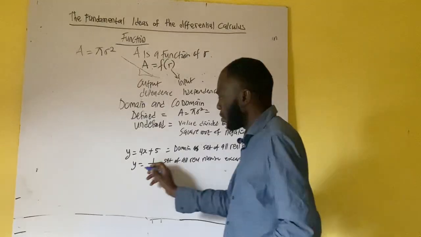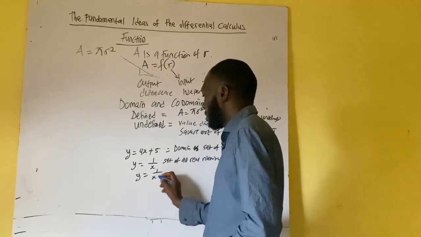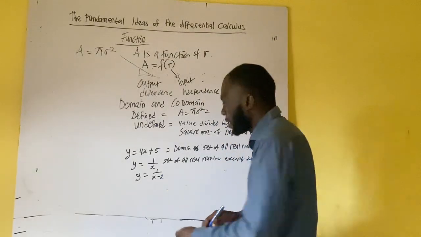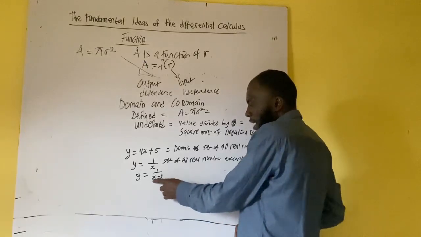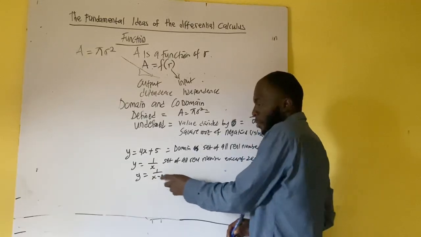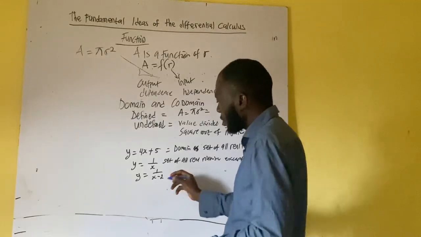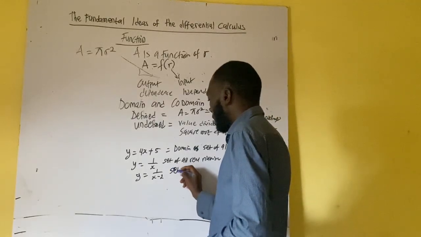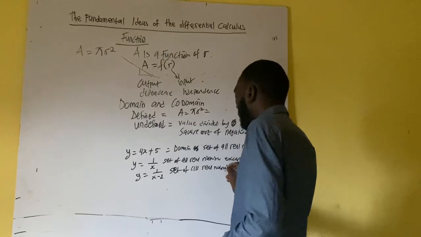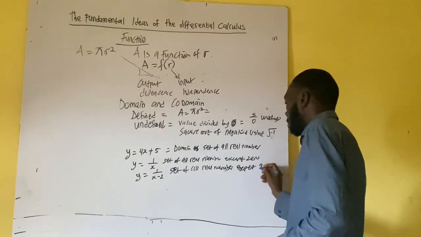Or if I have y equal to 1 over x minus 2. If I have 2 here, it's going to give me undefined, because I'm going to have 0 in the denominator. So in this case also, the domain is the set of all real numbers except 2.